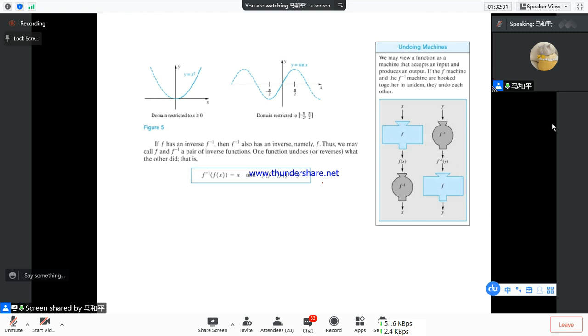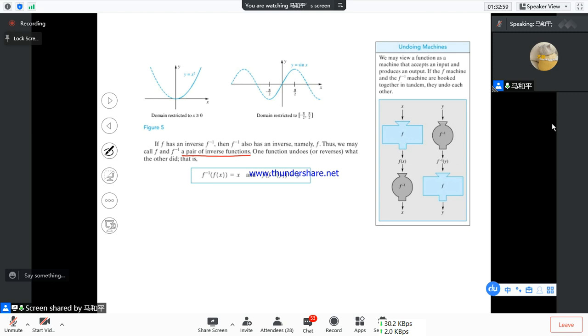And if f has an inverse f inverse, then f inverse also has an inverse. Because f is 1 to 1, f inverse is a new function that is also 1 to 1, namely f. We call f and f inverse a pair of inverse functions. One function undoes what the other did.